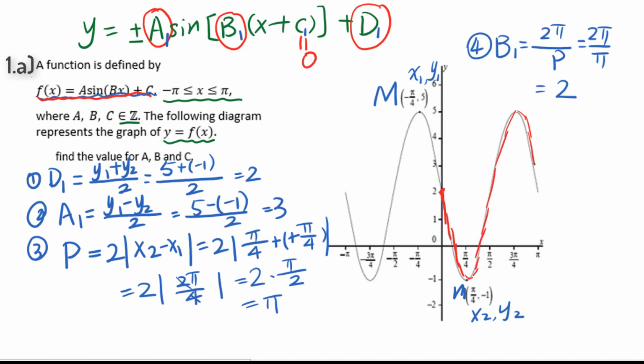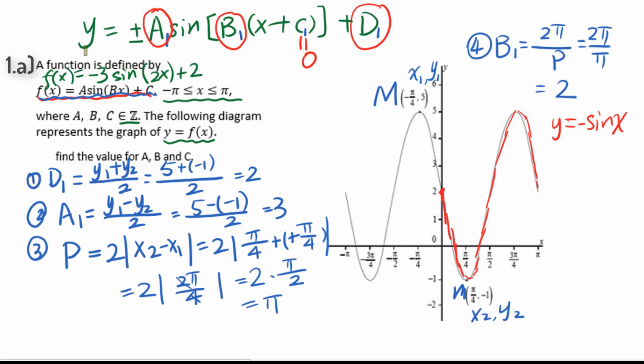We know this pattern is the y equals negative sine x pattern, which means the function will be negative a1. So we can write down the function now. That is f of x equals negative 3 sine 2x plus 2.